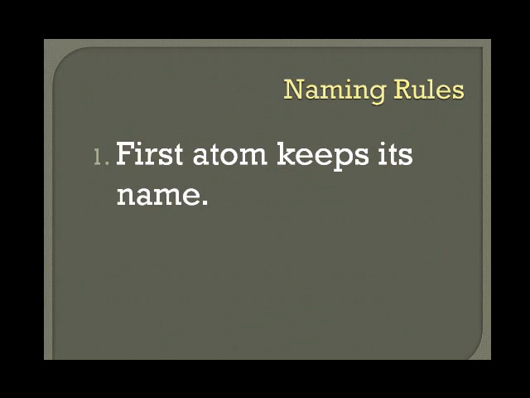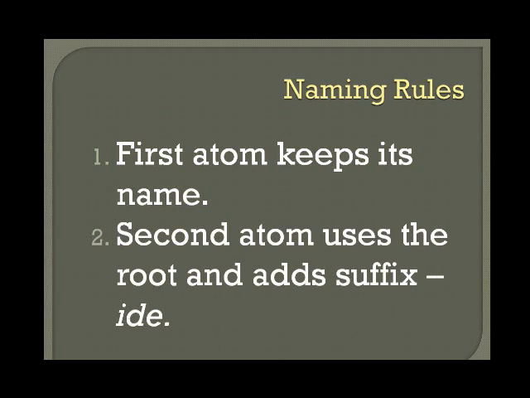If we want to name covalent compounds, just like when we did ionic compounds, the first atom is going to keep its name. In an ionic compound, the cation kept its name. Here, the first element keeps the name. Just like in ionic compounds, for the second atom we use the root and add the suffix ide.